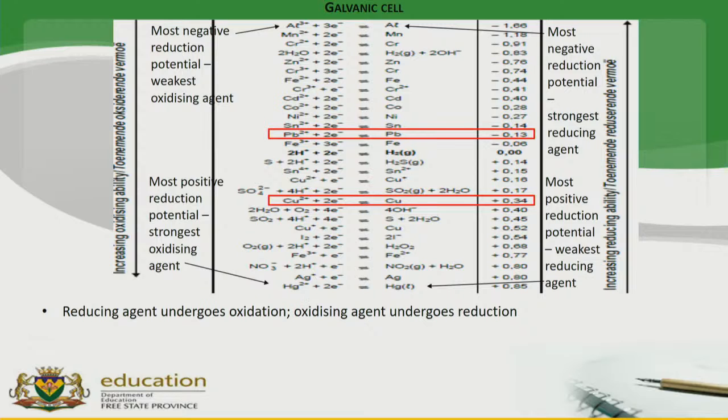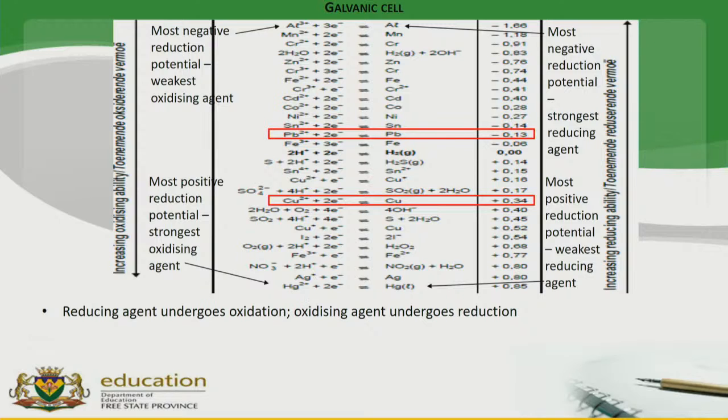Now, what does this mean if we say lead is a stronger reducing agent than copper? Remember, a reducing agent will undergo oxidation and an oxidizing agent will undergo reduction. So lead is a stronger reducing agent than copper. It means lead will undergo oxidation, not the copper, because lead is stronger than copper in terms of reducing ability.